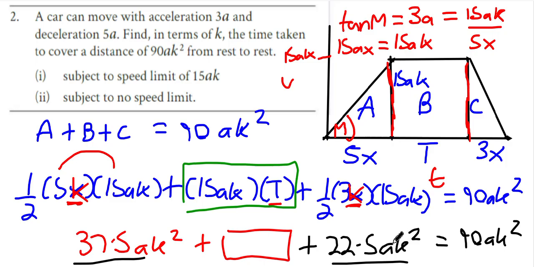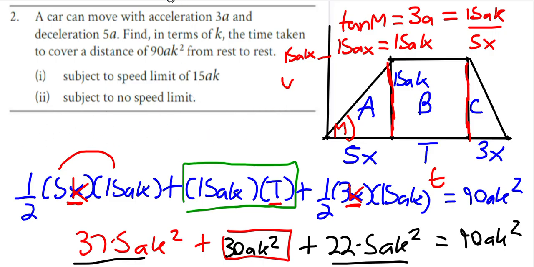So how many are we missing? So this part here has to be 30 AK squared, because it's the missing part. So then what I'm saying is that whatever is in this green box has to be equal to 30 AK squared. And so what does that mean T has to be? Divide 30 AK squared by 15 AK.